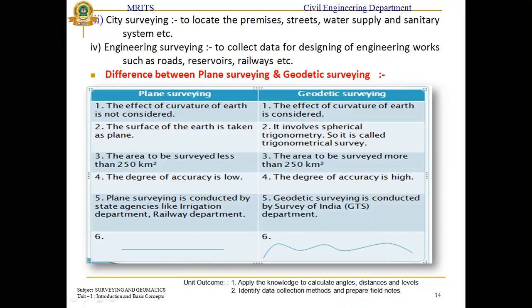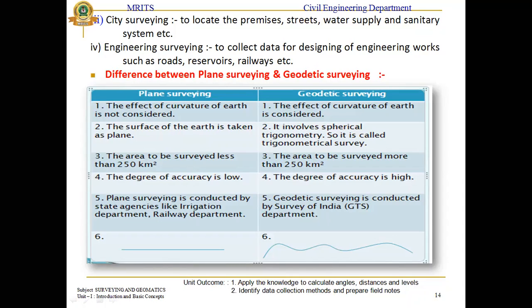The degree of accuracy is low in plane survey and high in geodetic survey. High accuracy means every step, every instrument, everything is handled in a proper manner in geodetic survey, like benchmarks, leveling, and mean sea levels, so proper values are put. Sometimes errors are corrected automatically with the help of photogrammetric methods, and satellite errors are identified.